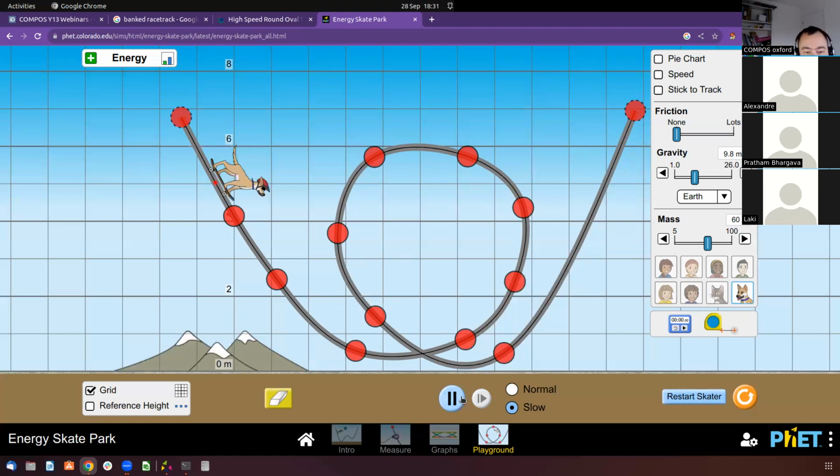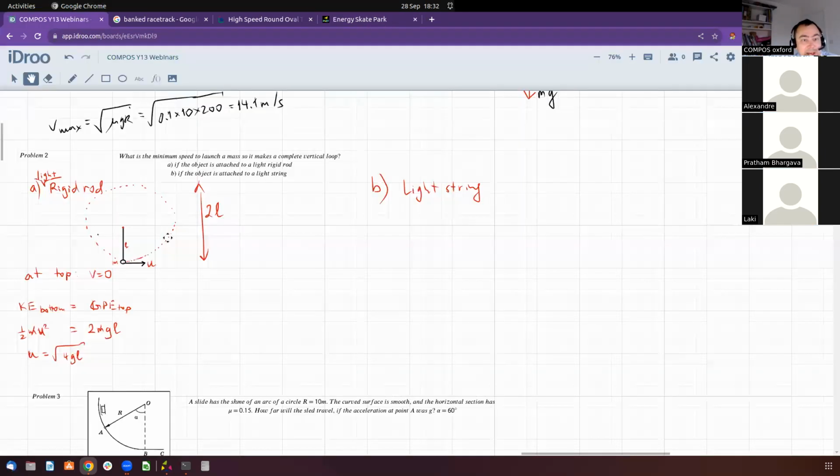So it reaches, and here it loses the contact with it. So this is what happens if you try to spin a mass on a rope too slowly, it will fall. So with a light string, you have to spin it faster.